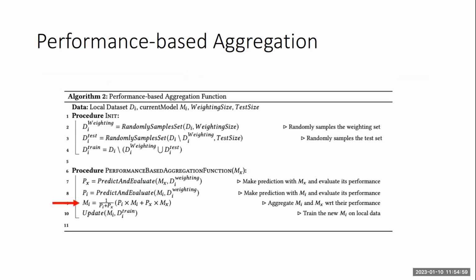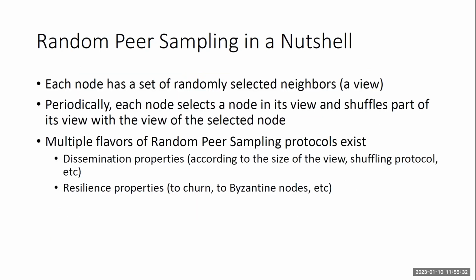So here in the algorithm, we simply assign a weight that depends on the quality of the received models with respect to the local test set, right? So models are first evaluated, and then they are aggregated. Instead of aggregating them with a similar weight, as it is done in Fed averaging, we would actually put a differentiated weight with respect to the performance of the models. So this is very simple.